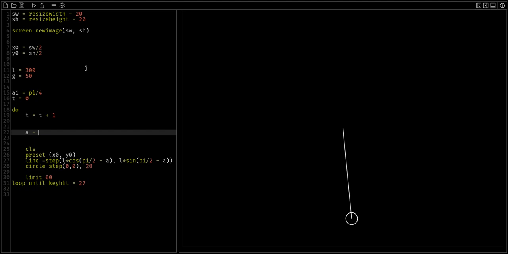And our final angle is A1 times cosine square root of G over L, I think.